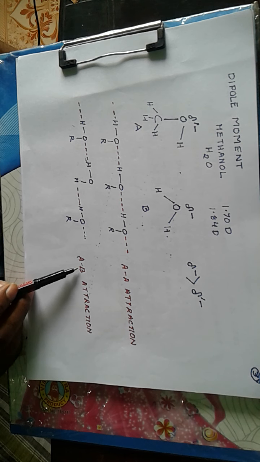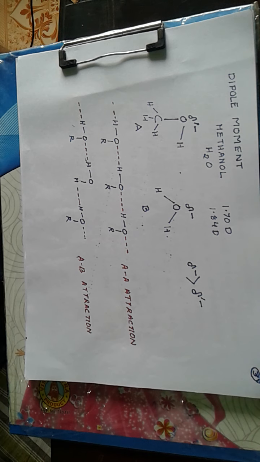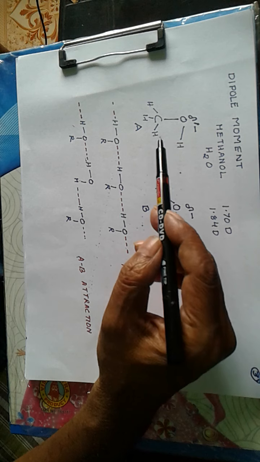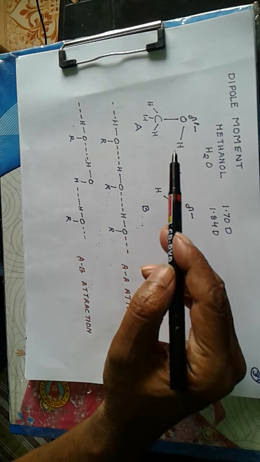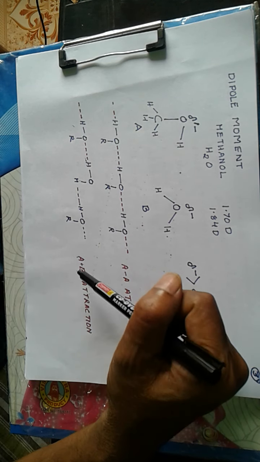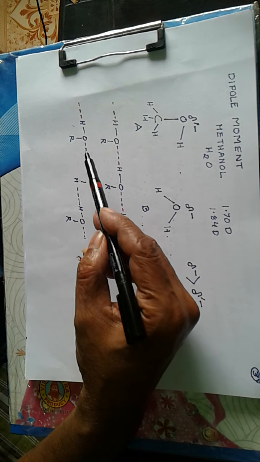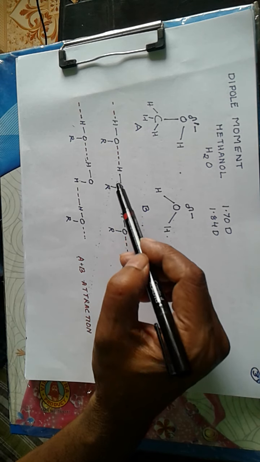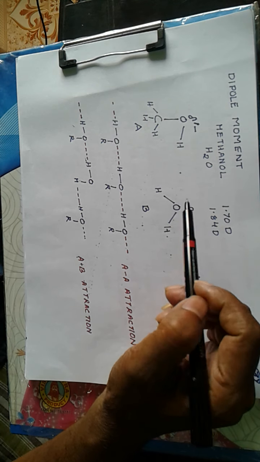It is called AB attraction. Here A is methanol and B is water. So between methanol and methanol, it is called AA attraction. The strength of the hydrogen bond will be higher in the case of AB attraction because water is more polar. So a stronger hydrogen bond is formed between methanol and water than between two methanol molecules because of the polarity of the OH bonds in both these compounds.